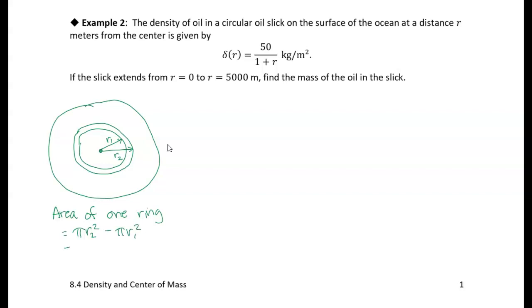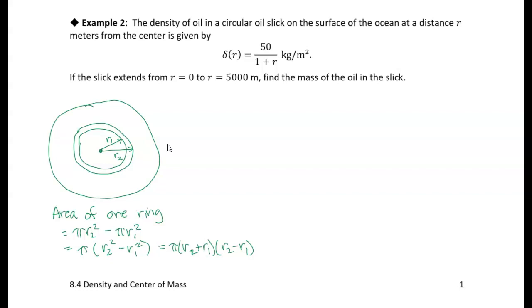So we can factor out a pi, right? And we end up with pi times r2 squared minus r1 squared, which is the difference of two squares. So I'm going to write that as pi times r2 plus r1 times r2 minus r1. Now notice that r2 minus r1 is essentially a delta r. It's a change in r.